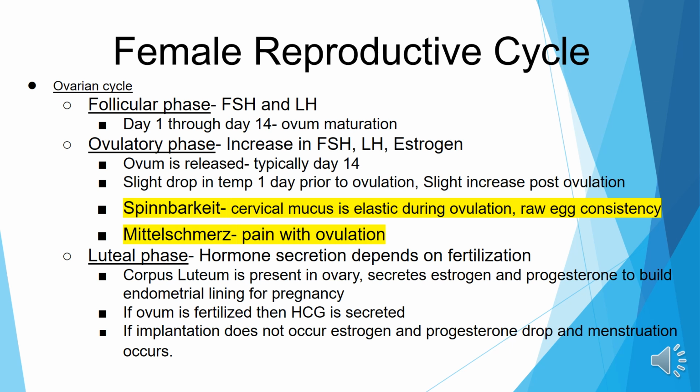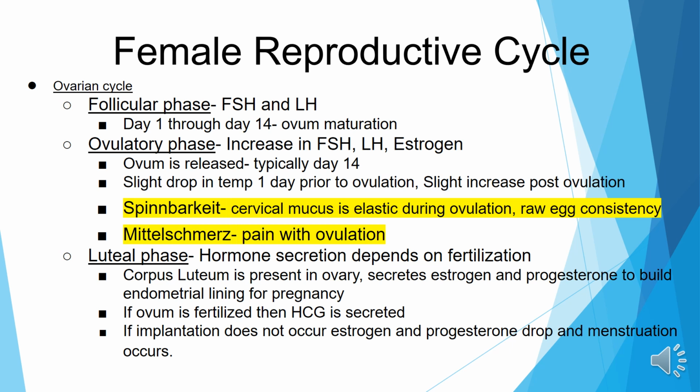Something called the corpus luteum is present in the ovary. And the corpus luteum is actually the sac that the ovum was released from, okay? If the ovum is released, the corpus luteum begins to secrete estrogen and progesterone to build the lining for pregnancy.